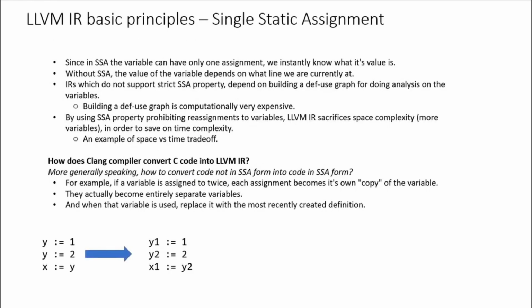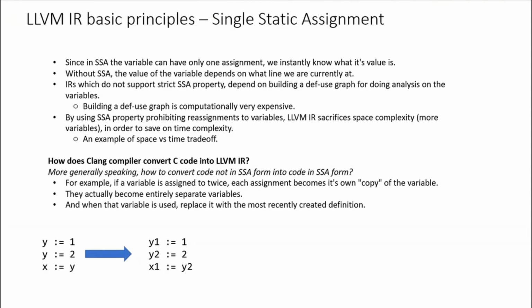Specifically about single static assignment. Since in single static assignment the variable can have only one assignment, we instantly know what its value is. Without single static assignment, the value of the variable depends on what line we are currently at, such as in C++.